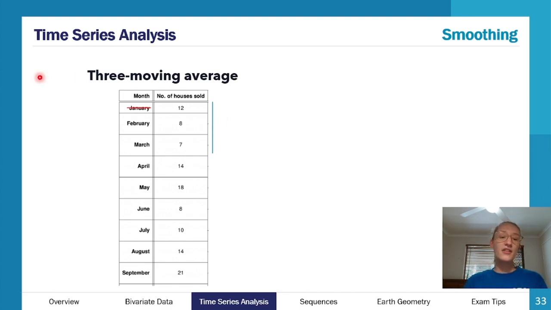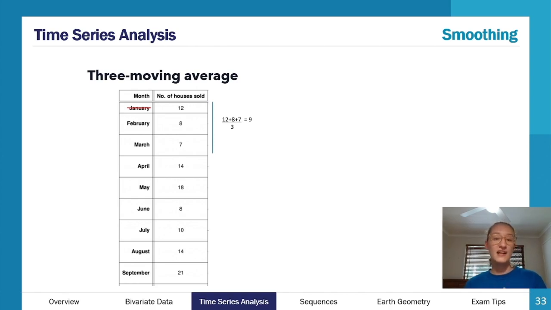To get the 3 mean smoothed point for February, like we said before, we take the point for February, which is 8, and the point to the left, or the point before, and the point to the right, or the point after. So we're averaging the values for January, February, and March, which is 12, 8, and 7.